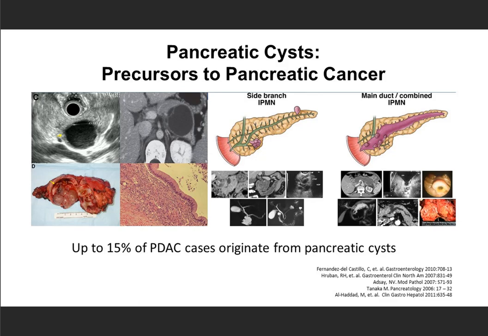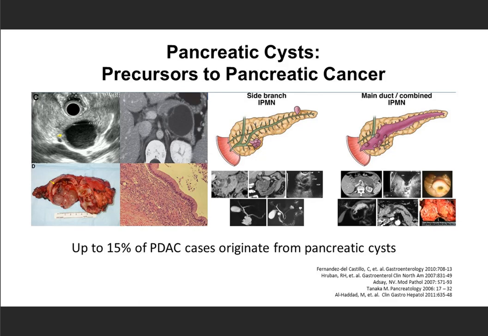And here are just some examples. On the left side is an example of a mucinous cyst, which is a type of cyst that is predominantly seen in middle-aged women, predominantly in the distal portion of the pancreas. They tend to be unilocular cysts. And after being resected, they have a cell lining that does show precancerous changes.